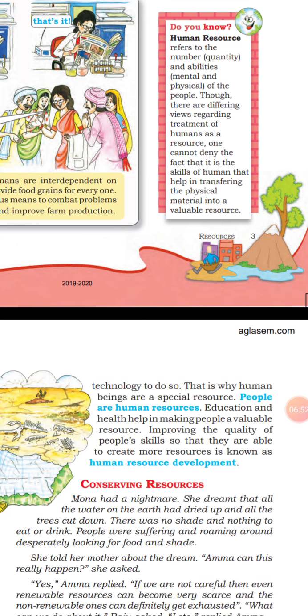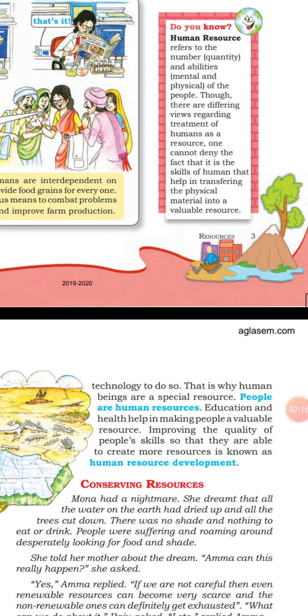On the basis of their distribution, resources are classified into ubiquitous resources and localized resources. On the basis of their stock, resources are classified as renewable resources and non-renewable resources.